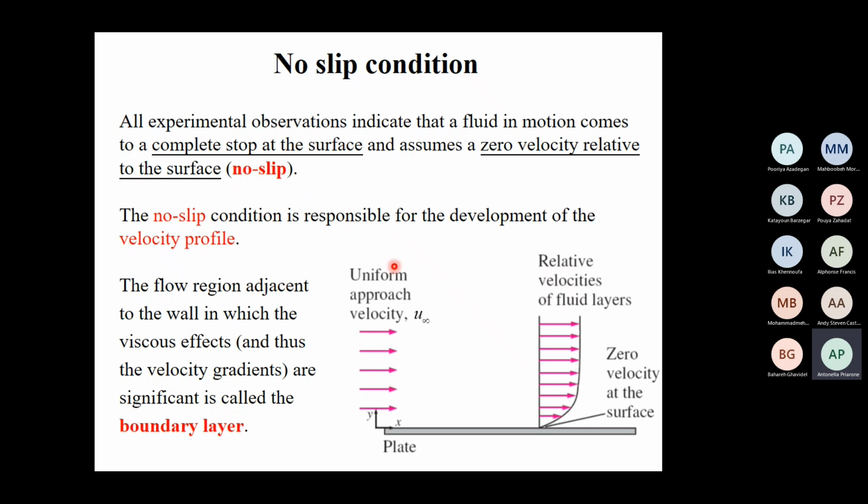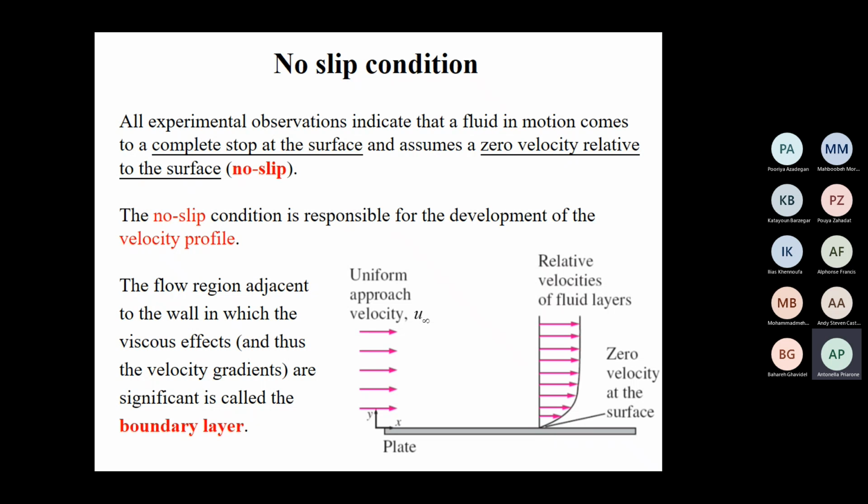A consequence of the no-slip condition is the creation of a velocity profile. I imagine to have an undisturbed fluid that moves at u infinity before arriving on the plate. When the fluid arrives on the plate, at the surface, so for y equal to 0, it is motionless, the velocity is equal to 0, and far from the surface, the velocity is still equal to u infinity.